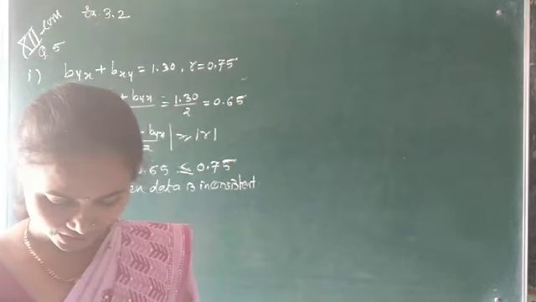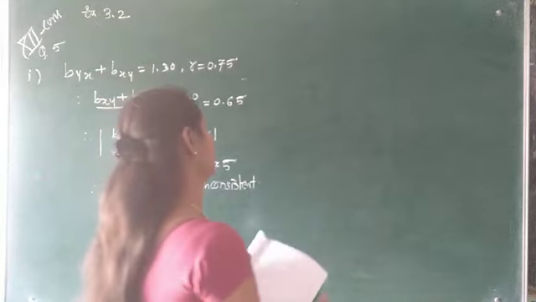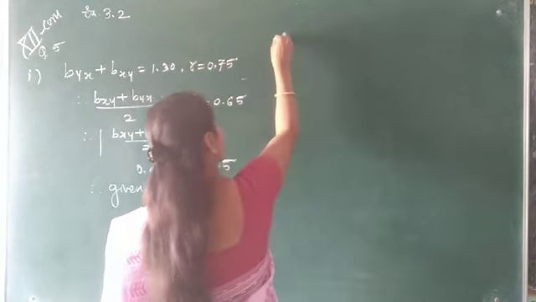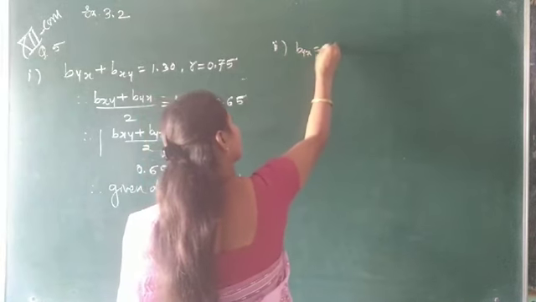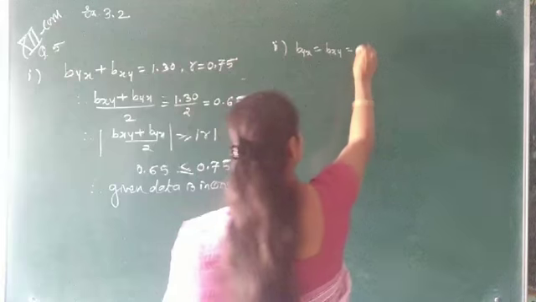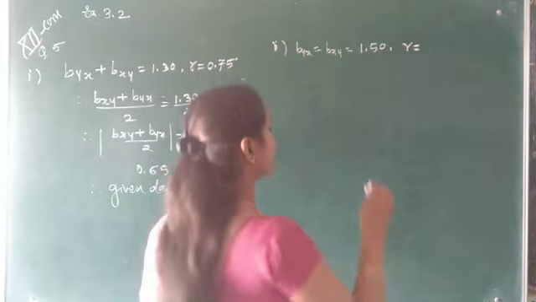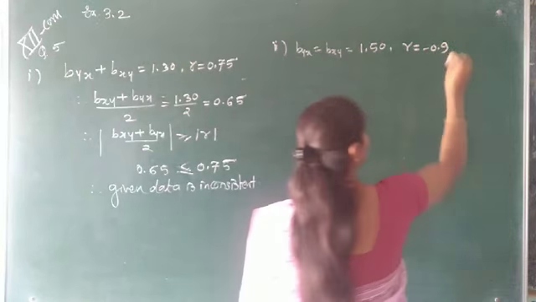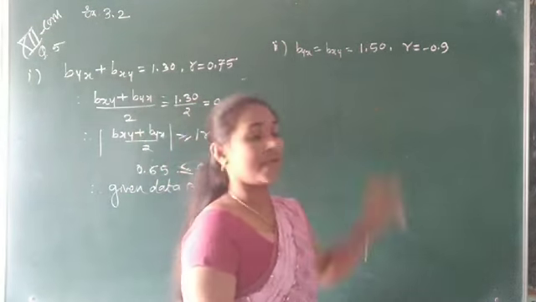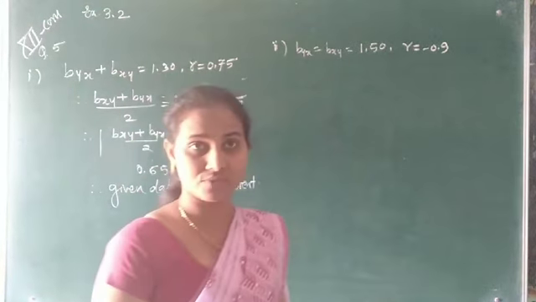Now see the next question, that is the second question. Byx and bxy is equal to minus 1.50 and r is equal to minus 0.9. All of you know that the sign of r, the correlation coefficient, depends upon the sign of the regression coefficients.